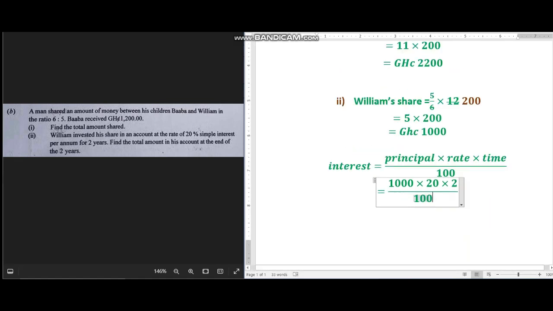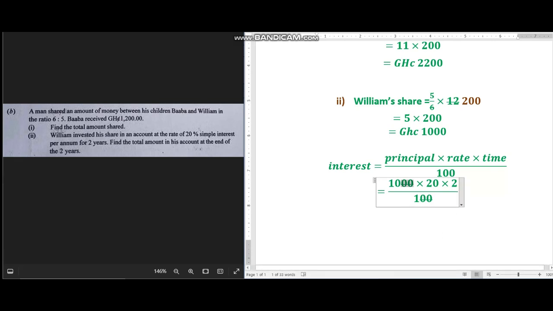From this step, we are going to cancel out these 2 zeros. We'll cancel out the 2 zeros at the denominator against 2 zeros at the numerator.